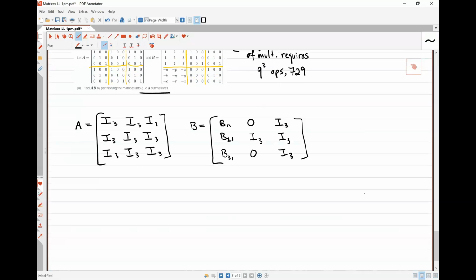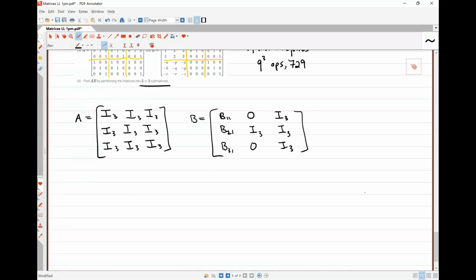Okay, and if I go through this again, just multiplying these guys, let's see. I know that I3 times B11 is just going to be B11, because multiplying by I3 is like multiplying by the matrix version of just 1. So this is going to be B11 plus B21 plus B31, but that's just the first entry.